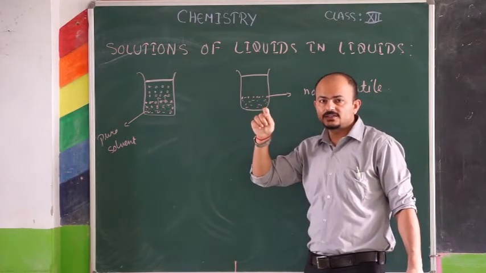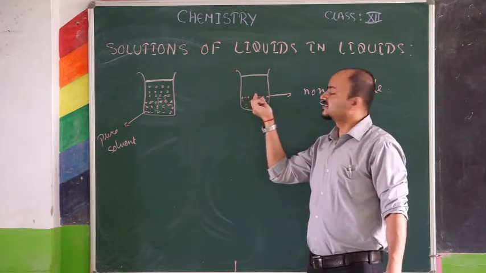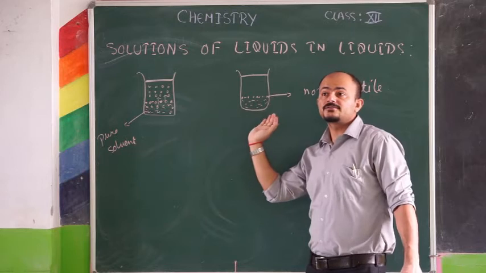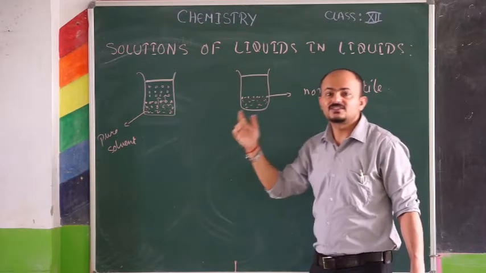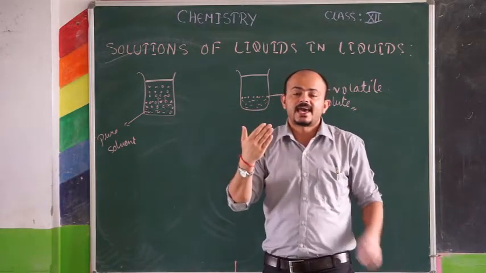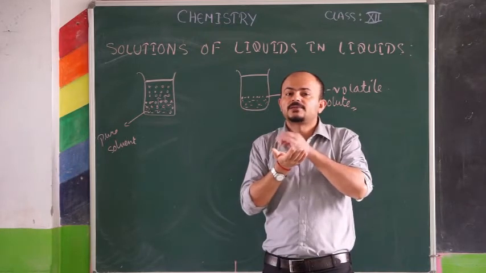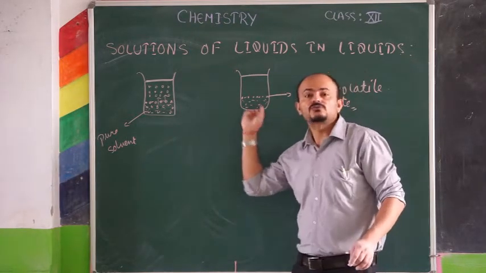Since it has occupied some of the spaces at the surface, the rate of evaporation will decrease. Why will it decrease? Because it is not taking part in the vaporization itself, and since it has occupied some of the spaces at the surface, it is not allowing the solvent molecules to go to the vapor phase.